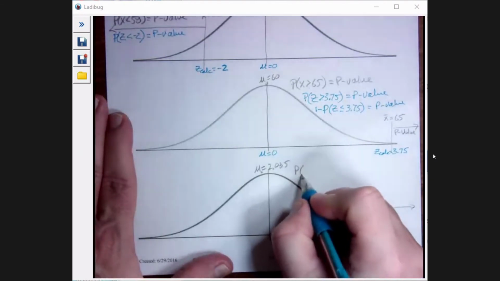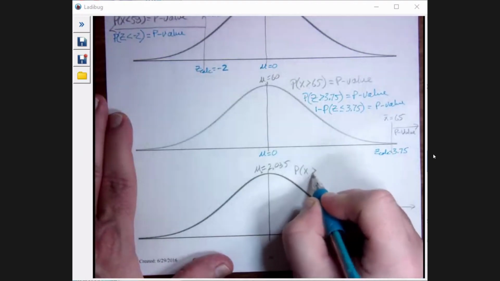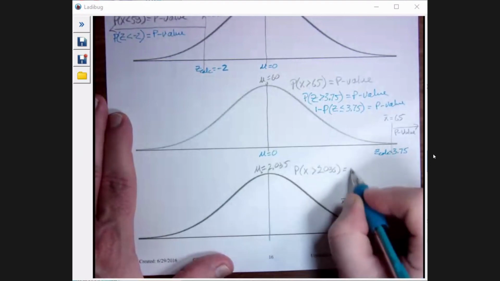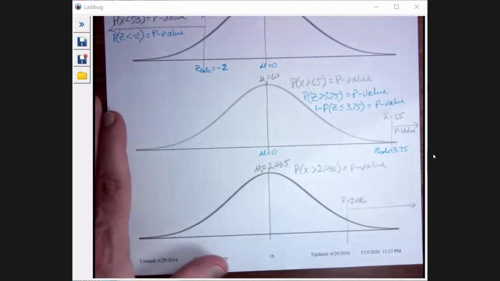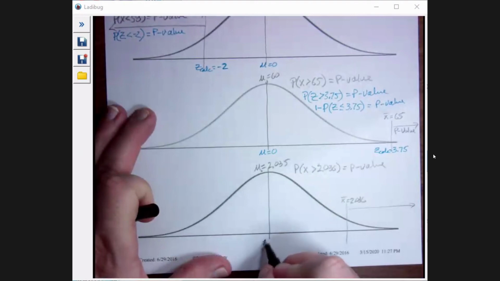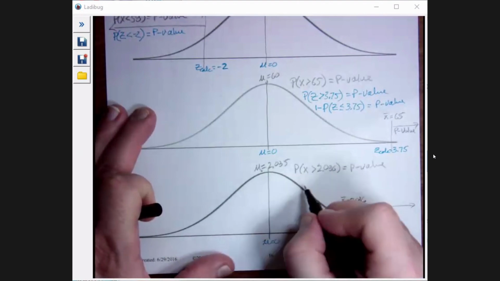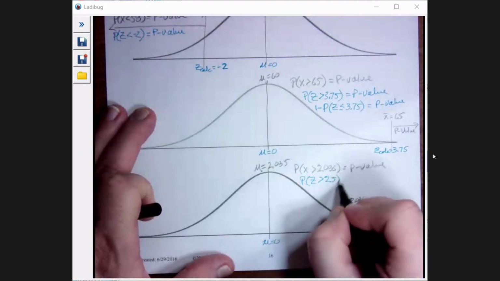Our p-value is the probability of getting a value greater than 2.036. If we convert these to standard normal, the mean is 0. We computed our z-calc here, 2.5. And so the probability of getting a z-value greater than 2.5 is our p-value.